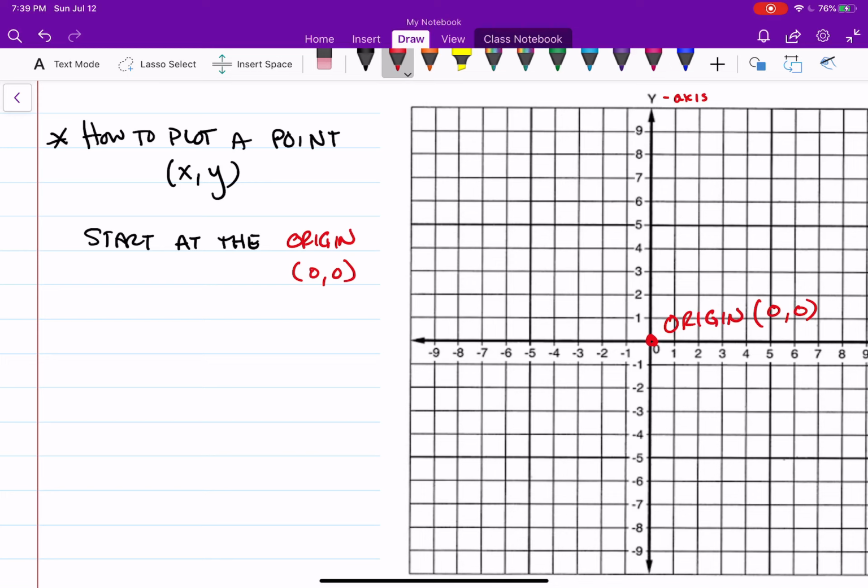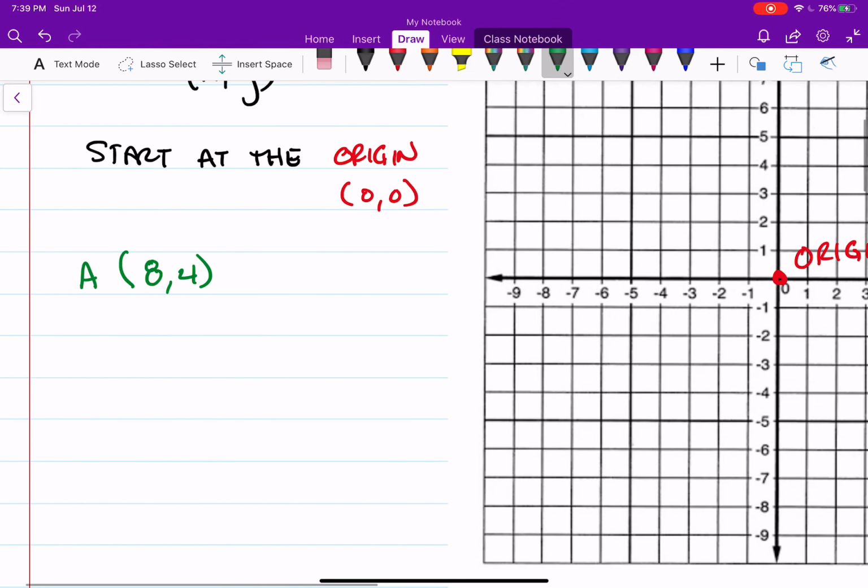Let's take a few examples here. Let's plot point A, and we'll call that point A (8, 4). My x value is positive 8, and my y value is positive 4.